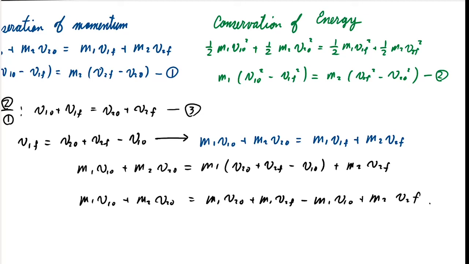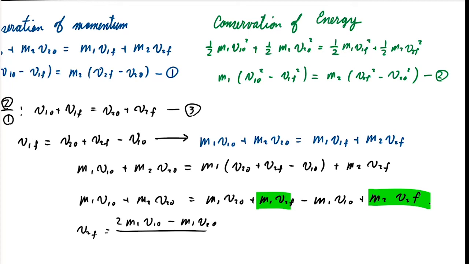Good. And then, like terms: what we want is this term and this term, isn't it? So V2 final is equal to, moving everything to the other side, you see you have two of M1 V1 original between this and this, minus M1 V2 original, over M1 plus M2.